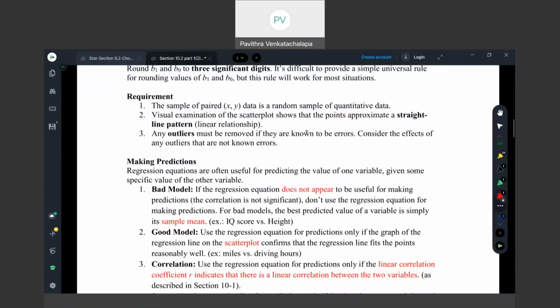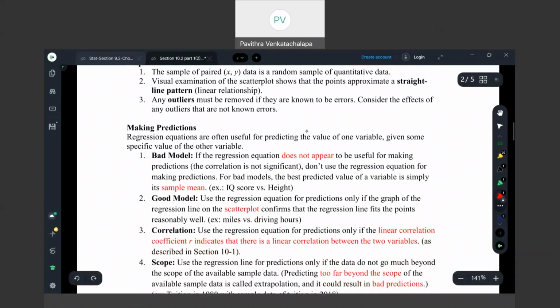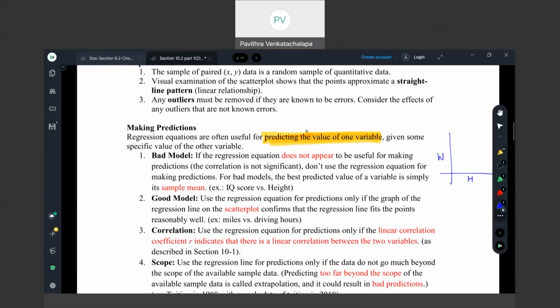Before we get into the example, let's see some of the uses of the regression equation. The main use of the regression equation is to find the value of one variable using the value of another variable. How is that? Let's say I have a linear relationship between height and weight of a person.